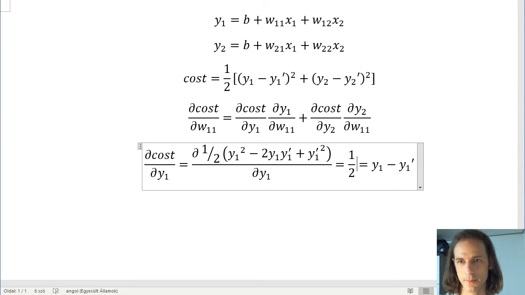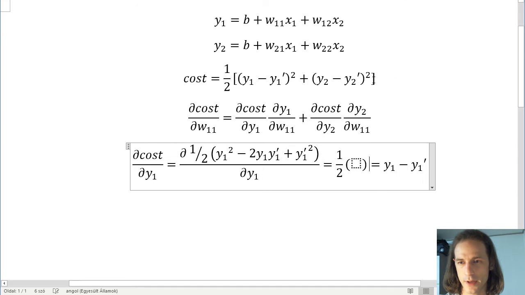You can take, where are my brackets? Okay, so you can just go one by one through every part of these additions, and the what is this called? So the minus and the plus.